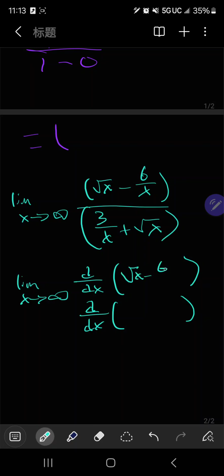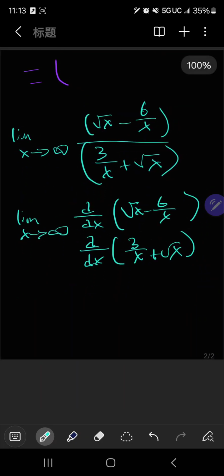Applying L'Hopital's rule, we get the limit as x approaches infinity.